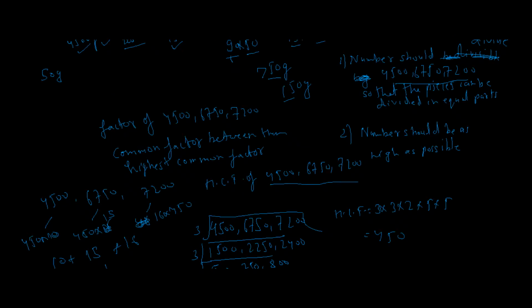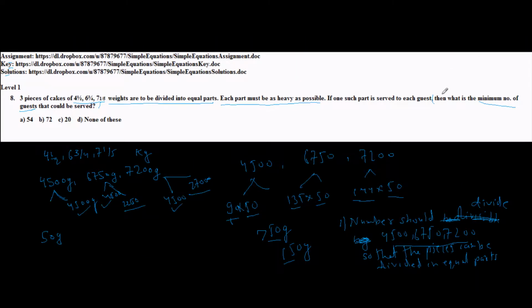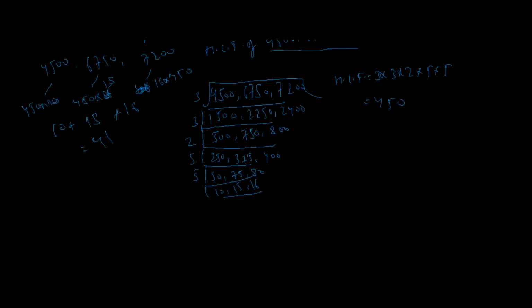Now let's go back to the question. We have taken care of the first two conditions, and then they said that if one such part is served to each guest, then what is the minimum number of guests that could be served? Since we have made sure that the piece is as big as possible, it will automatically result in fewer total pieces.